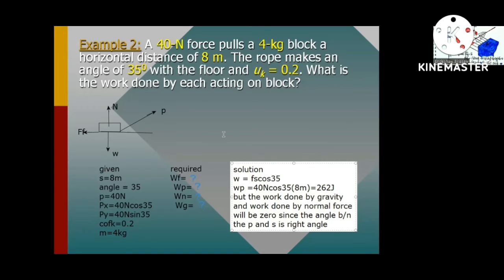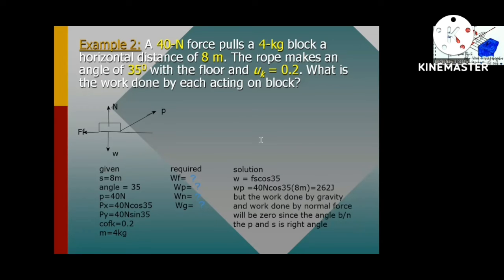In this case, you can see there are horizontal components. P has two components: a vertical component and a horizontal component. This is Px, and this is Py.